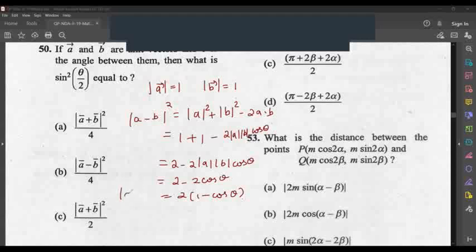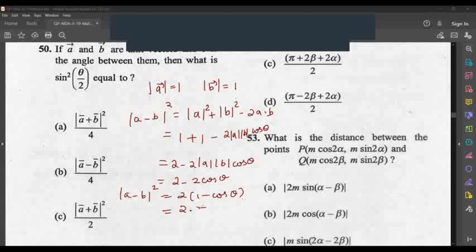So that is the magnitude of A minus B, the whole square. Why are we taking A minus B here? Because you see the options have A plus B, A minus B, etc. Now what is 1 minus cos theta? 1 minus cos theta is 2 sine square theta by 2.